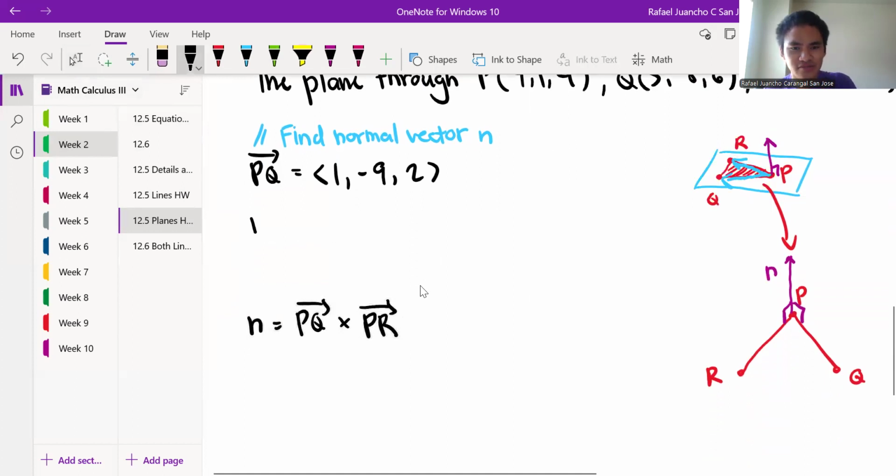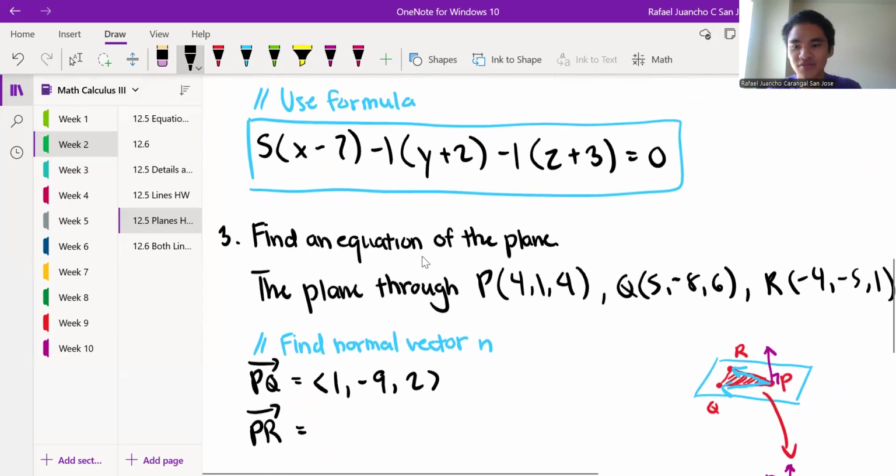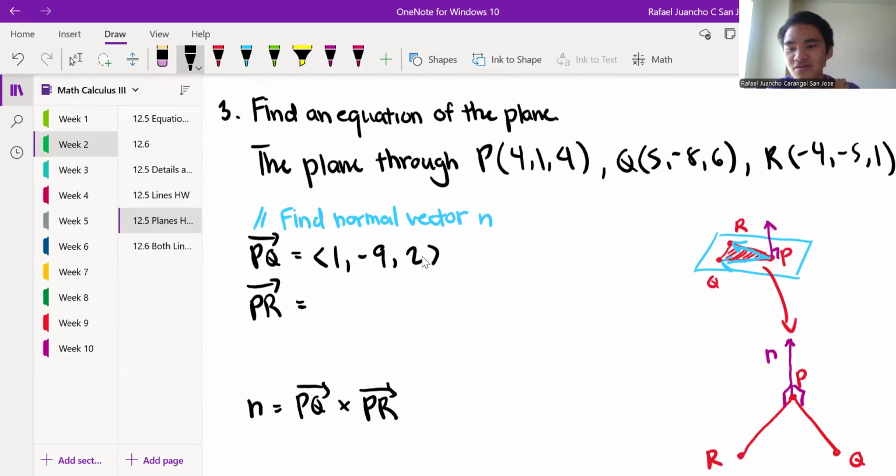Next, we want to find PR. Should I call it vector PR or something? Vector PR. Okay, so this is -4 minus 4, so that's -8. -5 minus 1, so that's -6. 1 minus 4, so that's -3. And there you have it.